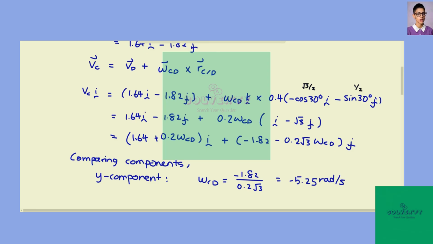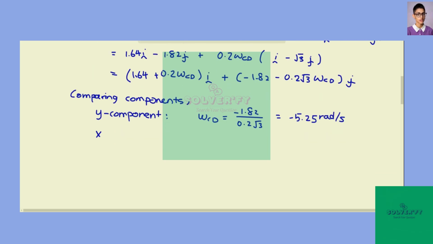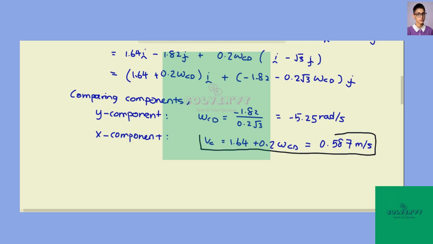Then we can find our VC. So by looking at the X component, VC would be 1.64 plus 0.2 omega CD, and then you substitute omega CD from the previous statements, you get VC to be 0.587 meters per second. Okay, so this is the answer for VC. And that's all for this question.